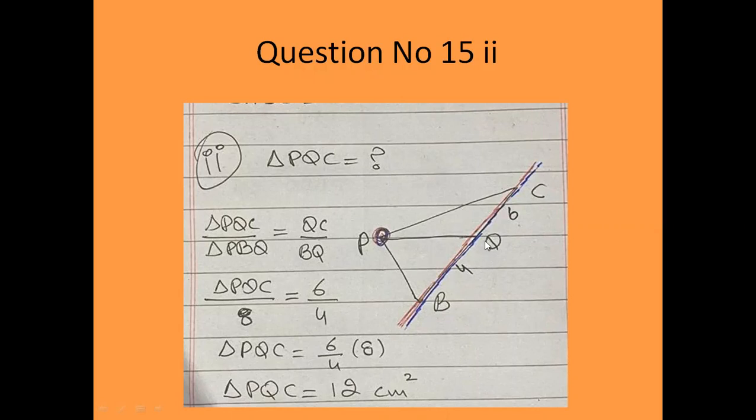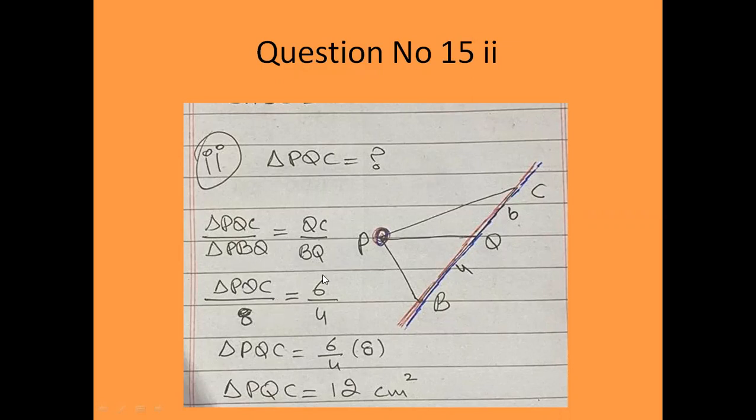These two triangles, I have shown with colors, have the same baseline and their third vertex is the same point, P. So in this case, the ratio of the areas will be equal to the ratio of their bases. That will be 4:6. So the triangle PQC divided by the triangle PBQ will be equal to QC divided by BQ.